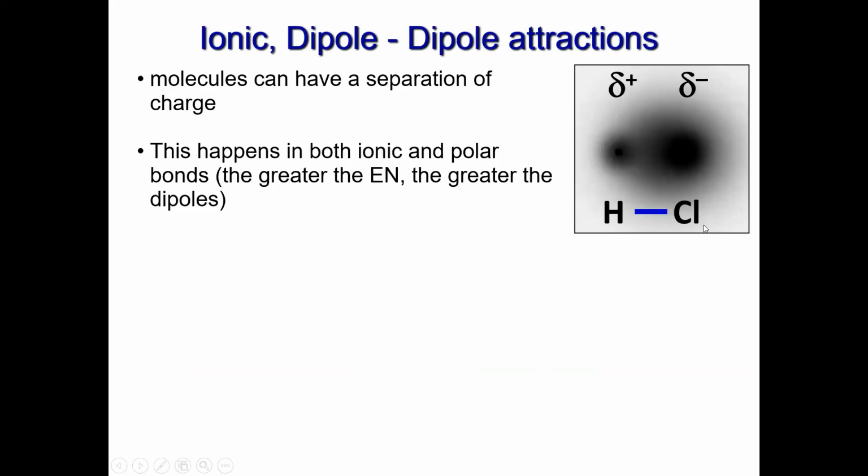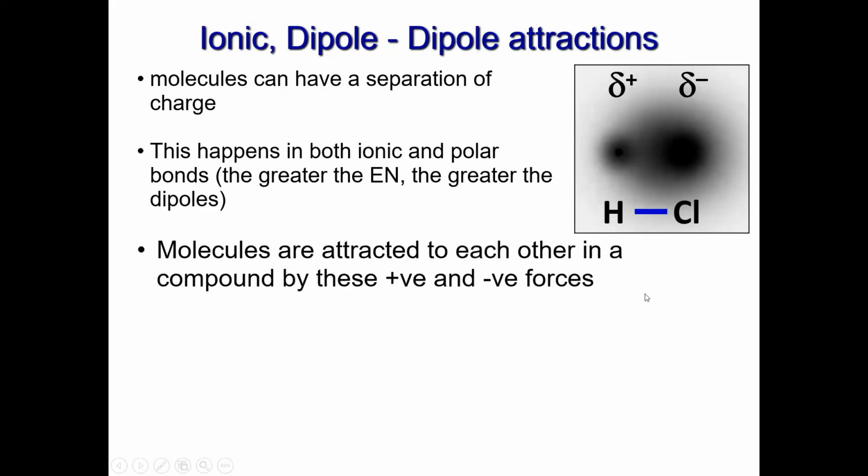And apart from polar molecules, this could also occur in ionic compounds. And note that the greater the electronegativity value, the greater the dipole. So those that are strongly electronegative would have a very strong dipole interaction.